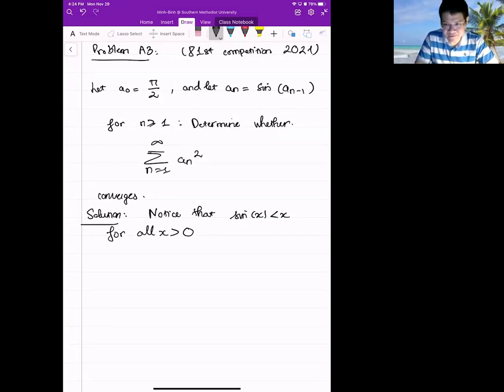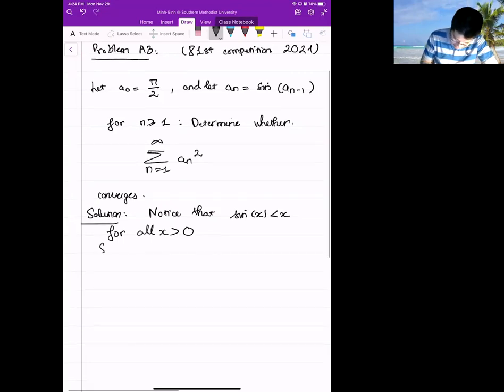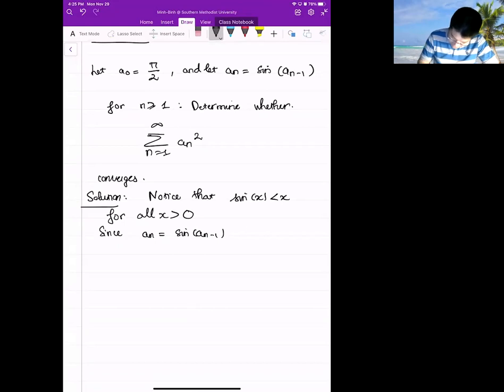If x is bigger than 0, then sine of x is smaller than x, and since an is sine of an minus 1, we're gonna see that this is decreasing. So this is smaller than an minus 1.